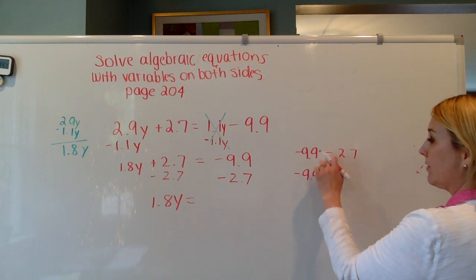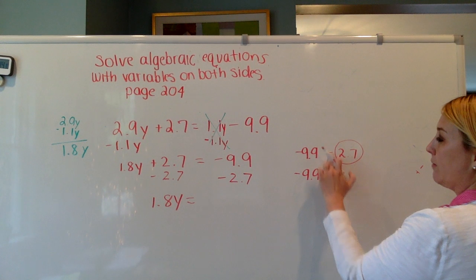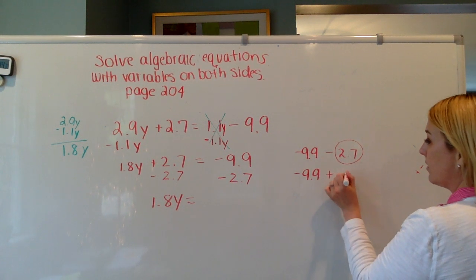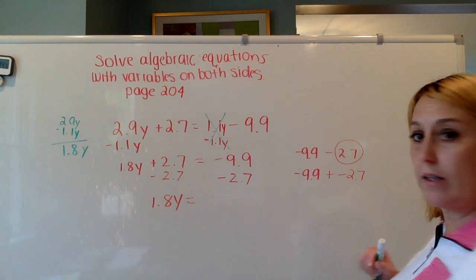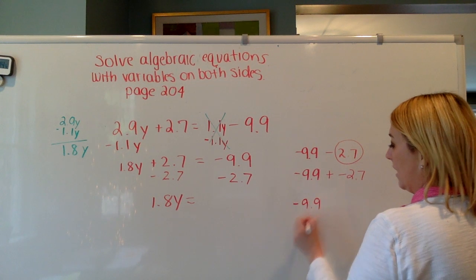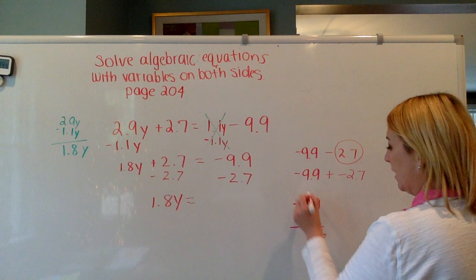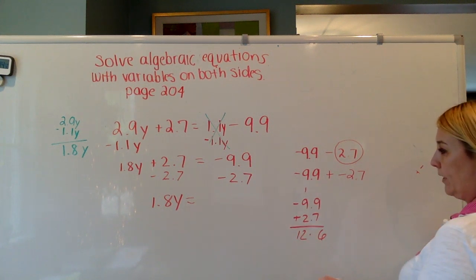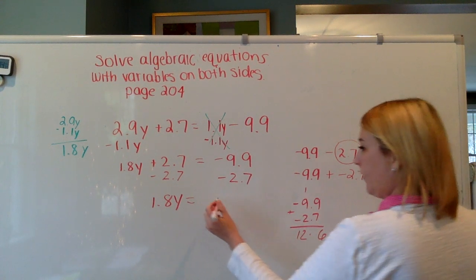I'm going to change my subtraction into positive, and since I changed my subtraction into positive, this is a positive 2.7. So now I need to make it a negative 2.7. So it's actually getting more negative. So just going to add those two together, 9.9 and 2.7. And 9, 10, I get 12.6. Negative 12.6.